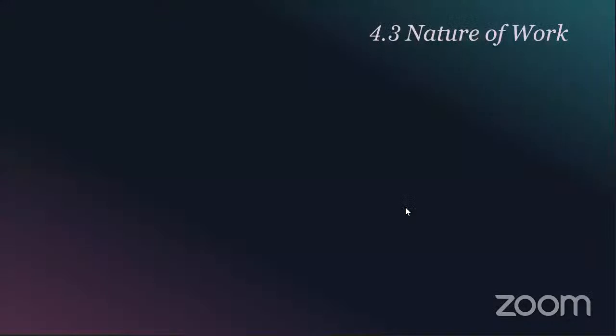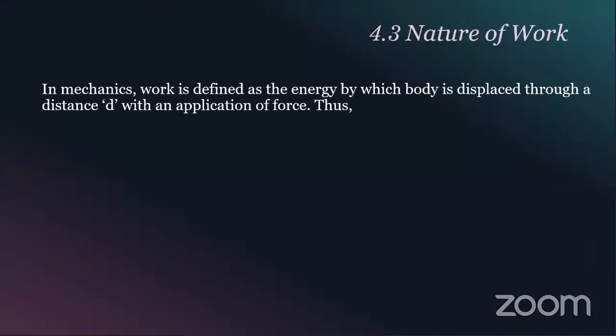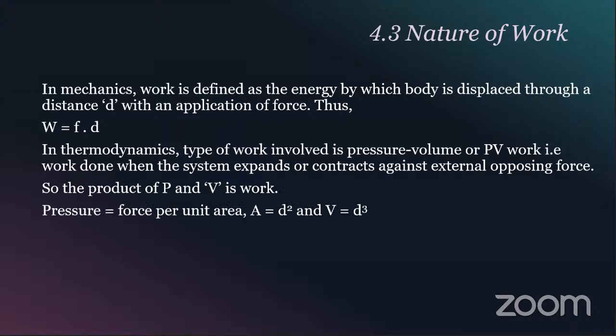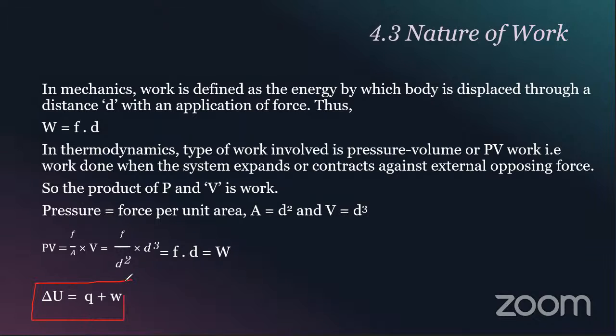Okay, all right. Now we are going to go to nature of work. Now this is VVIP. Please remember this equation. This equation and this equation will help you a lot, because numericals will be basically asked on this. Delta U is change in internal energy. If you want to calculate the change in internal energy, you have to calculate heat and the work done.